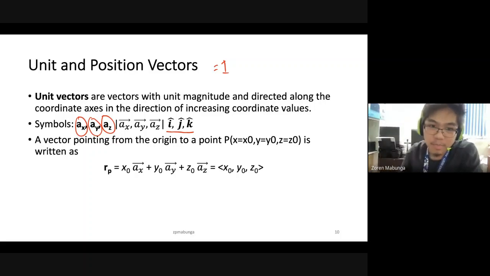Okay. So, tuloy natin. A vector pointing from the origin to a point P, which has coordinates x0, y0, and z0, is written as follows. So, ganito na tayo magsulat ng vector.